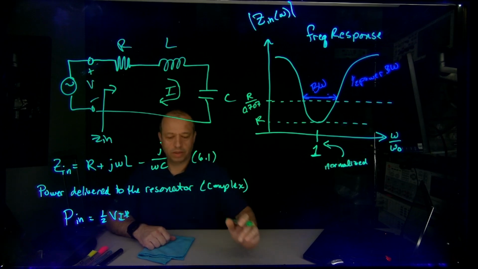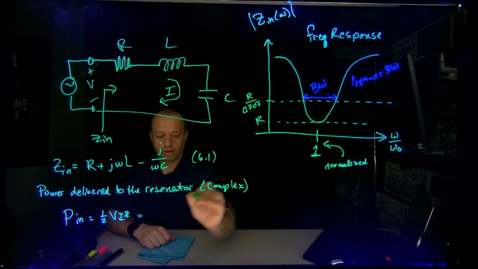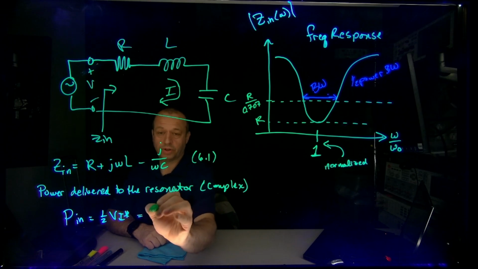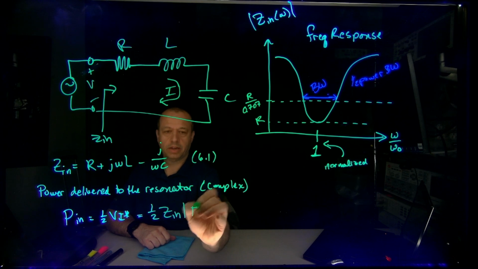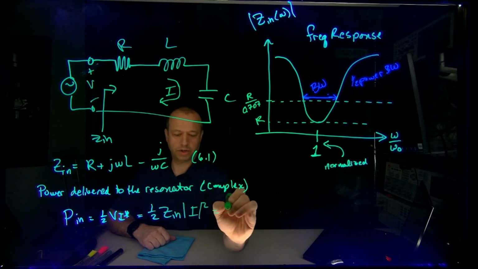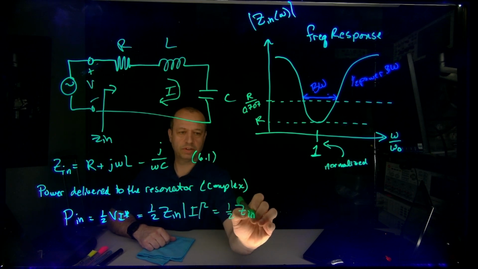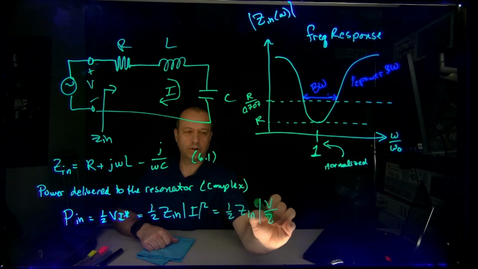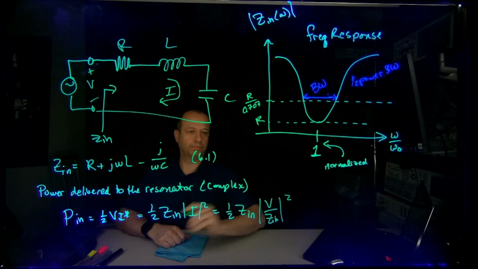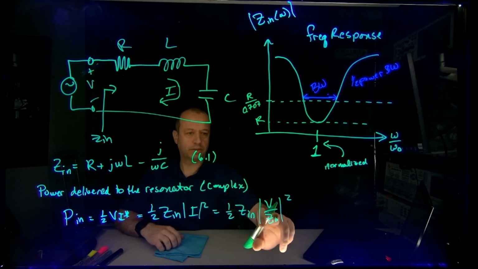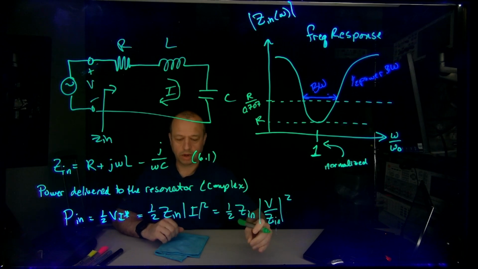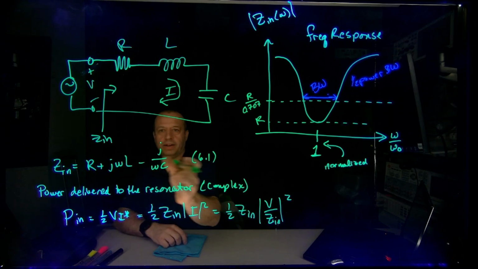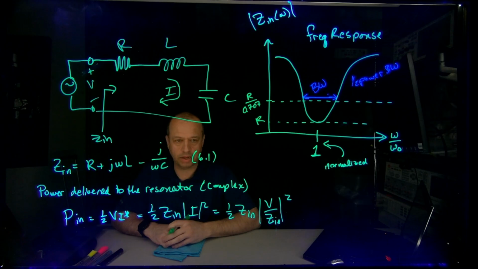We just did power last week, so this should be relatively fresh in your mind. Zin I squared, which equals 1/2 Zin V over Zin squared. Okay, and let's make sure I can write this correctly. There we go.